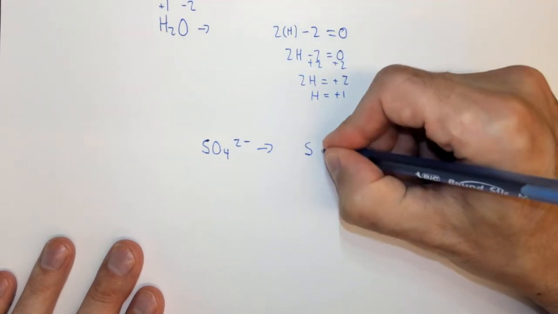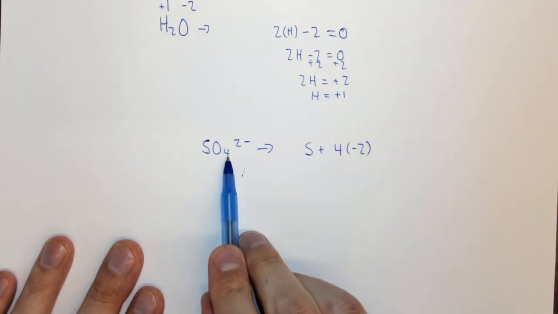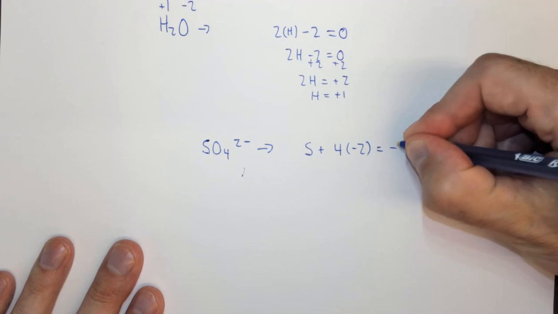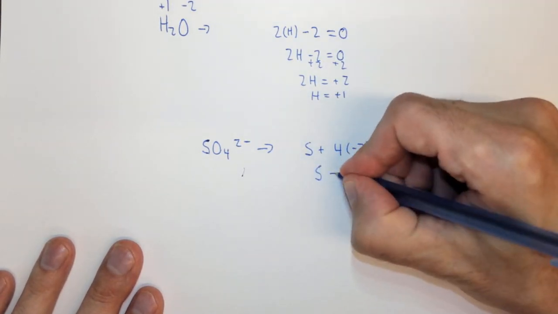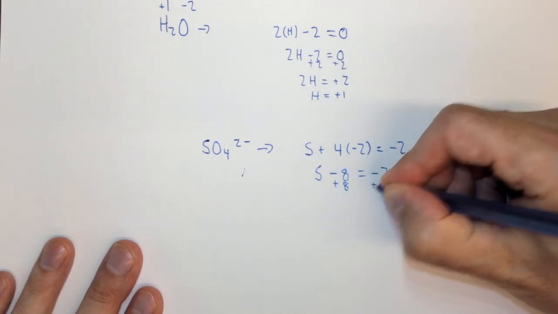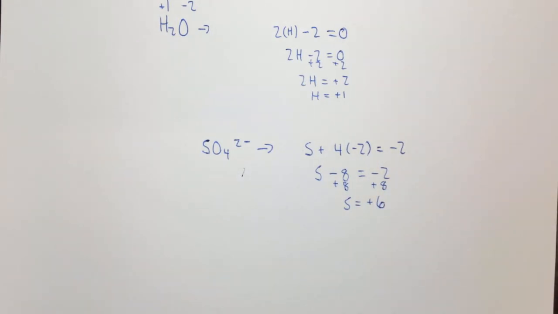So we have sulfur plus 4 times -2. There are 4 oxygens, each with a -2 oxidation state, equals -2, the overall charge on the polyatomic ion. Sulfur -8 equals -2, plus 8, plus 8. Sulfur equals +6. So that is the oxidation state on sulfur.